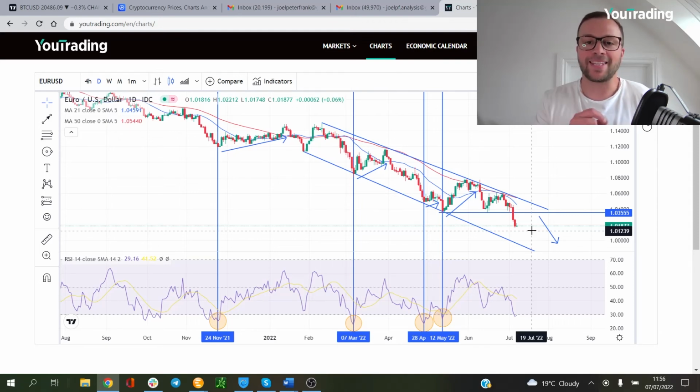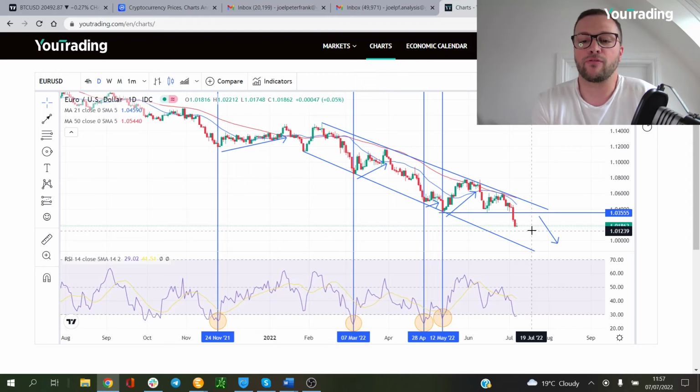However bad things are in the US, pretty much everybody agrees that they're probably going to be worse in the Eurozone. And that divergence is also seen between the Fed and the ECB. Both the Eurozone and the US face high inflation, but the outlook for Fed tightening is much more aggressive than the outlook for ECB tightening.